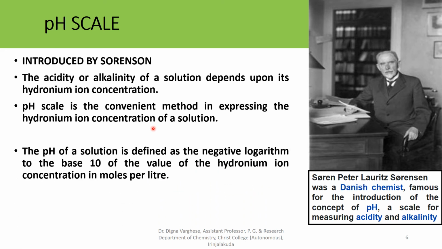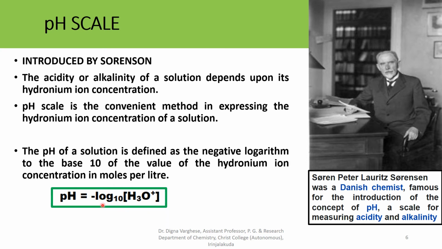The pH of a solution is defined as the negative logarithm to the base 10 of the value of the hydronium ion concentration in moles per liter. That is, pH is equal to minus log of the concentration of H3O plus.